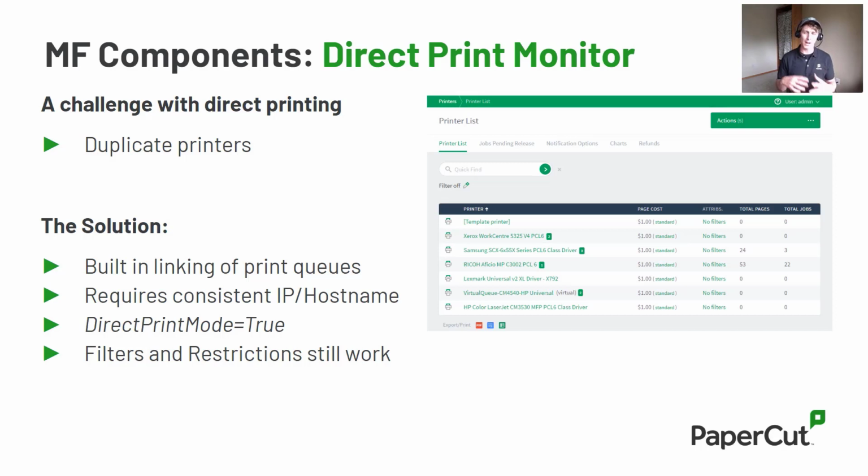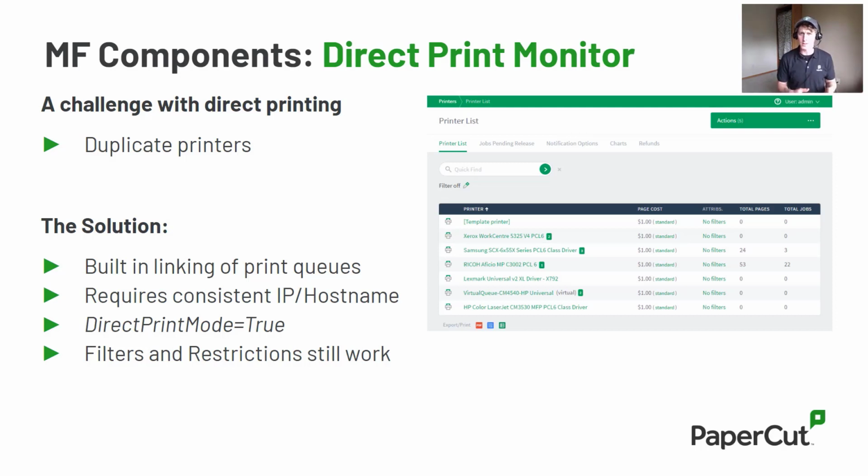Okay, great. So when it comes to direct printing, there is one challenge. Everything sounds great. Oh yeah, we can track direct printing, but there's one challenge that you may have encountered at some point, and that's if you have a bunch of users who all have a direct IP printer pointed to a physical device, and they all have their own print queues, so there's no print server, there's no central place to track.